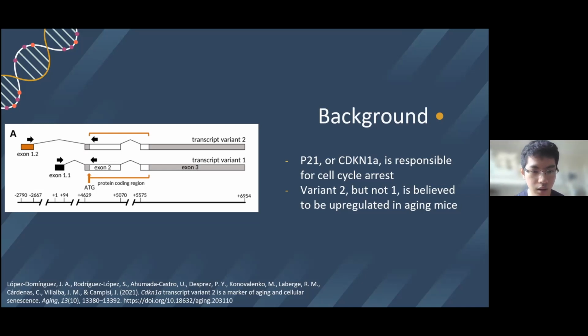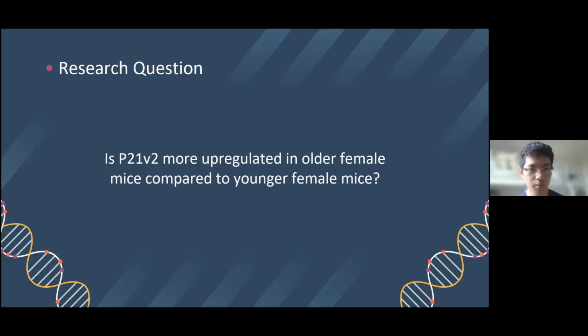During my research, the primary component has been using real-time qRT-PCR, as it can be used to measure the relative expression between age groups of these mice. So my research question is: is P21 variant 2 more upregulated in older female mice compared to younger female mice?